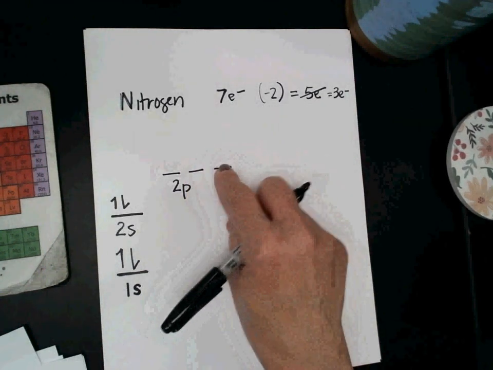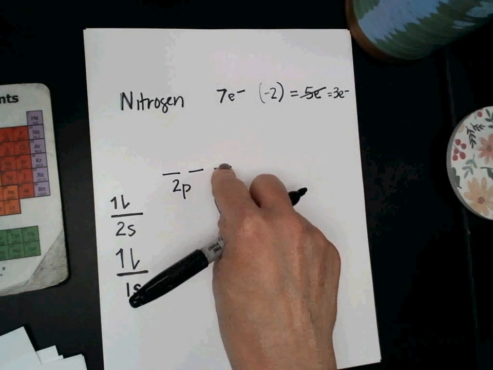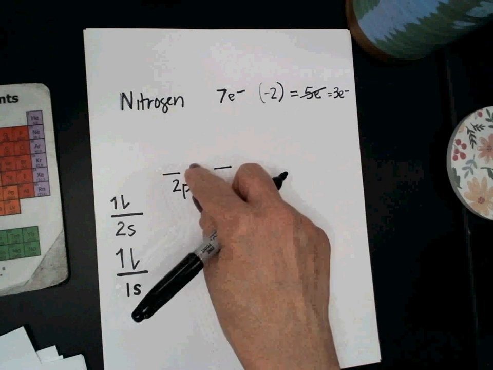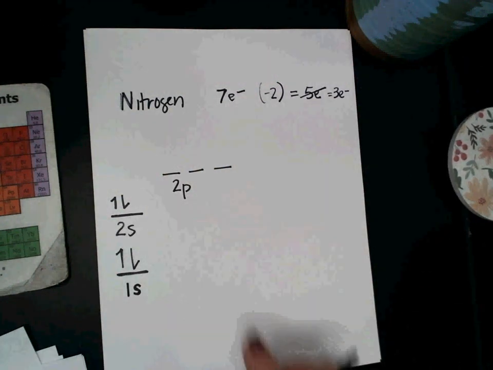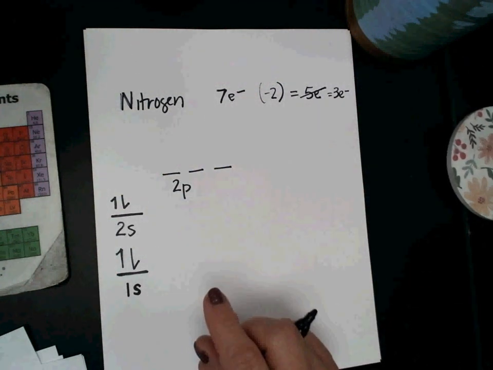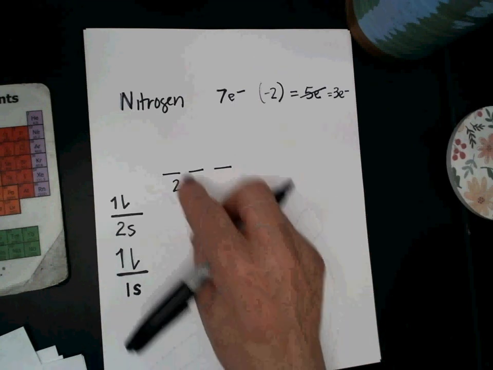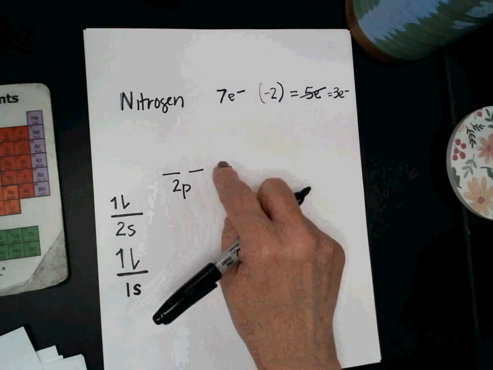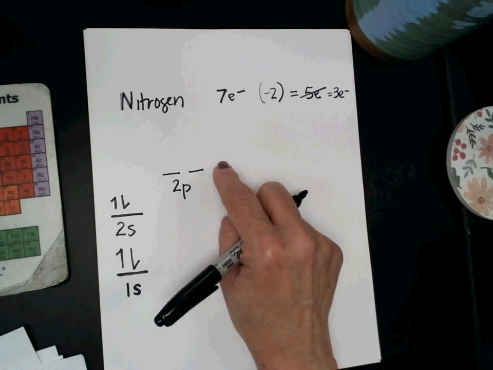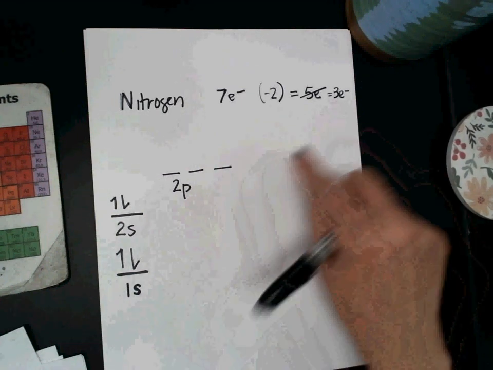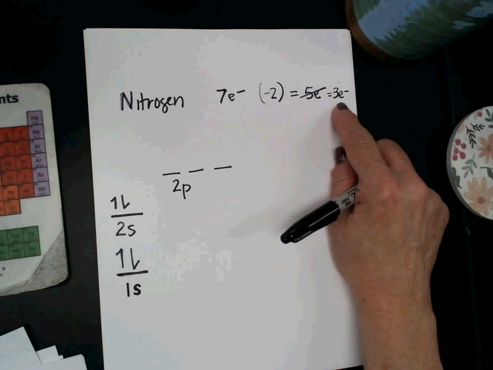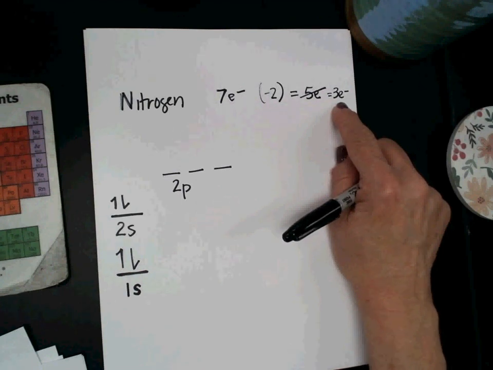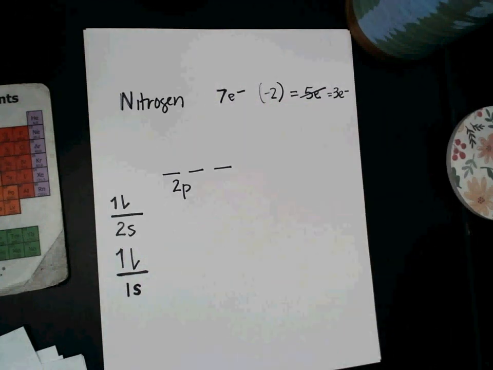How many electrons can each orbital hold? 2. So I've got 2, 4, 6 I can possibly put in there. You're right. Do I have 6? No!